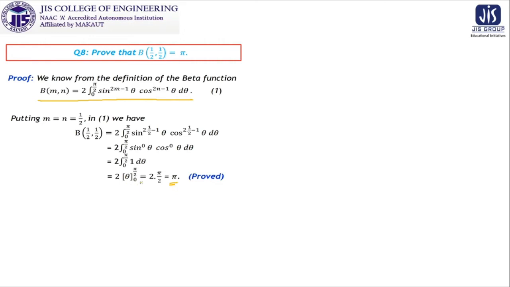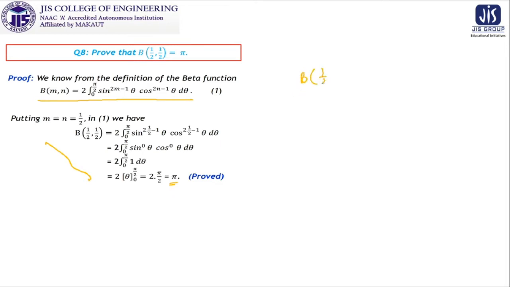My question is, if we want to find the same result with the help of the relationship between beta and gamma function. When we solved this problem, at that time the relationship of beta and gamma function was not known to us, but now it is known to us.